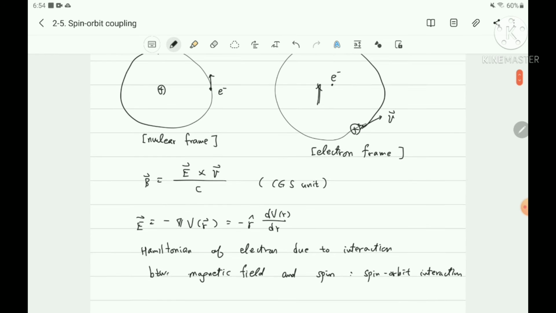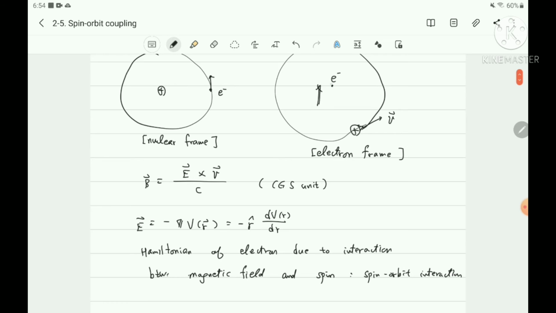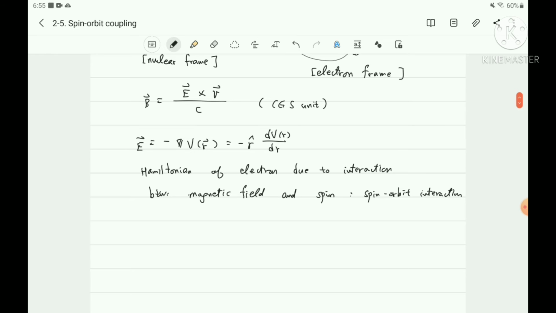What is that? There is a spin of the electron here, but in the electron frame, the nucleus moves around the electron and gives rise to a magnetic field. The interaction between the spin of the electron and the magnetic field originates from the angular momentum of the nucleus.